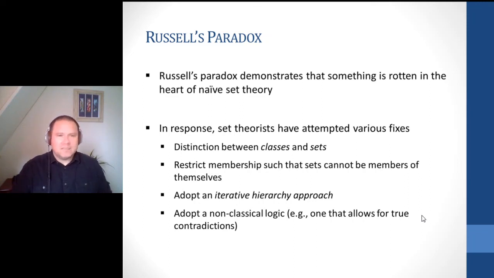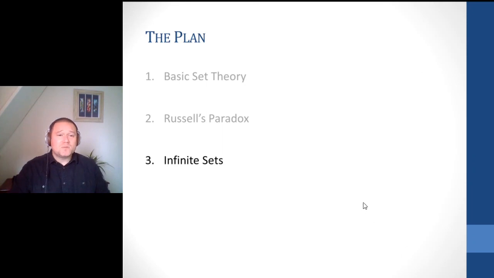It's an option, it is a view. But really, what's important is no one thinks that naive set theory can escape Russell's paradox. It is a big problem. And it's a problem that set theorists need to face up to if they're going to use this beautiful, extremely powerful machinery. Cool. So that's Russell's paradox.